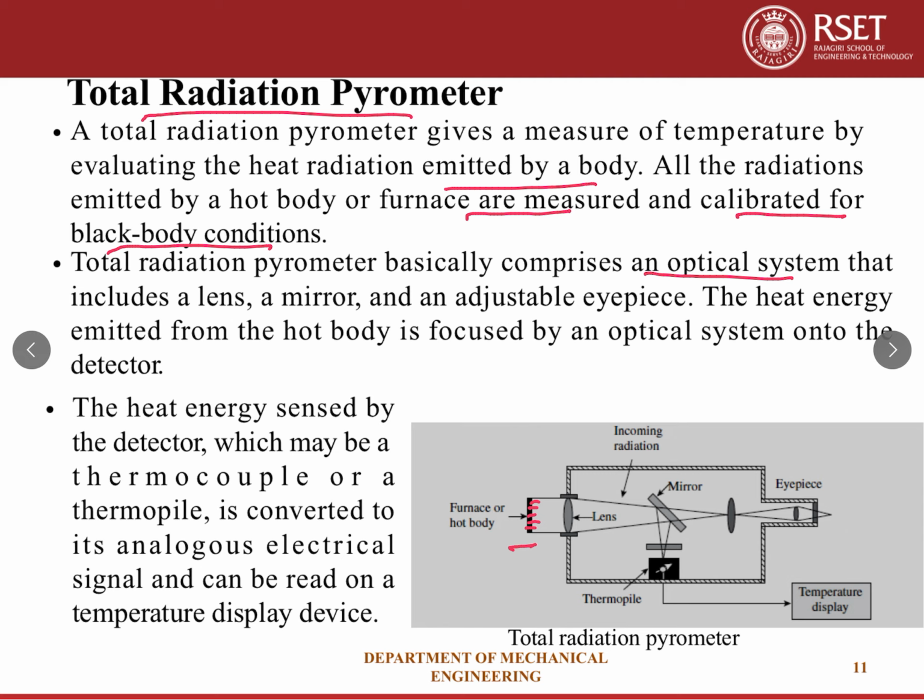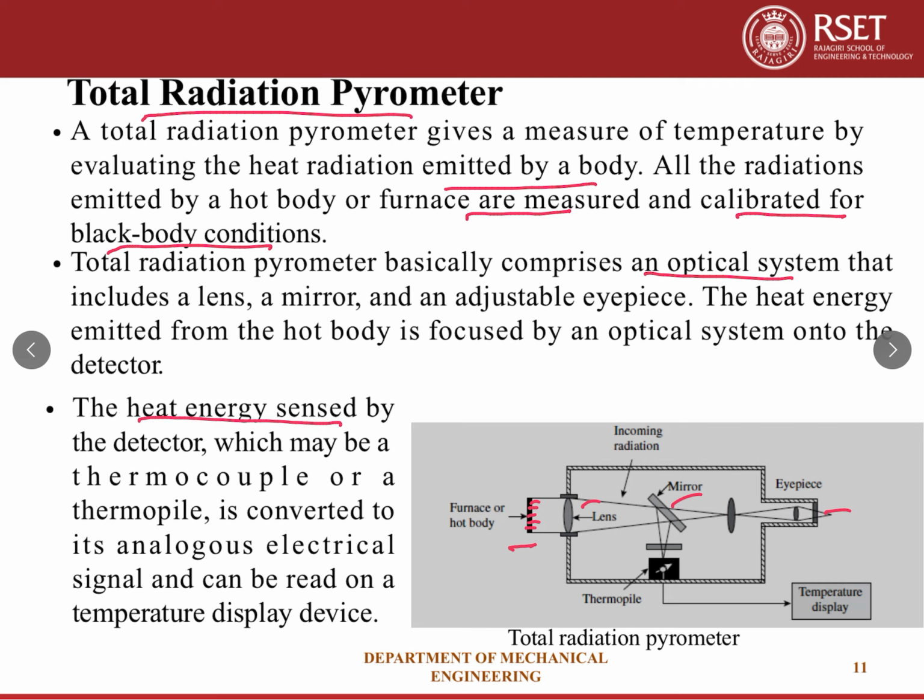That will be displayed as temperature with a certain unit on the display device. So we have an eyepiece here, a mirror here, a lens here, this is the body, and this is a thermocouple or a thermopile which will act as the detector.